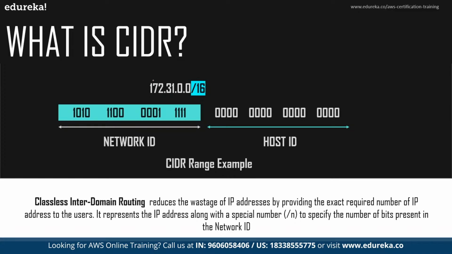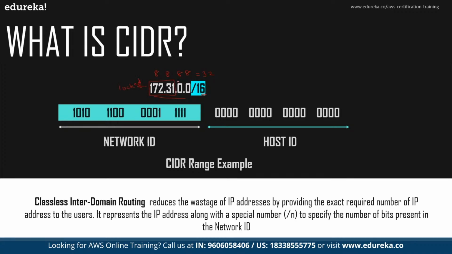As explained earlier, the IP address consists of 4 octets, and each octet consists of 8 bits. The 16 here denotes that the first 16 bits out of these 32 bits are locked. So in short, in this IP address, the /16 denotes that in this network, these 16 bits are locked. So what does it signify?